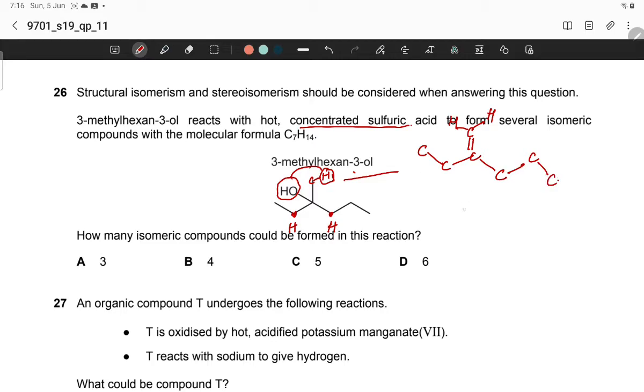This is another possible structure, C, carbon, double bond, now double bond in this position, H, carbon. Another possibility is C. Now double bond is placed over here.